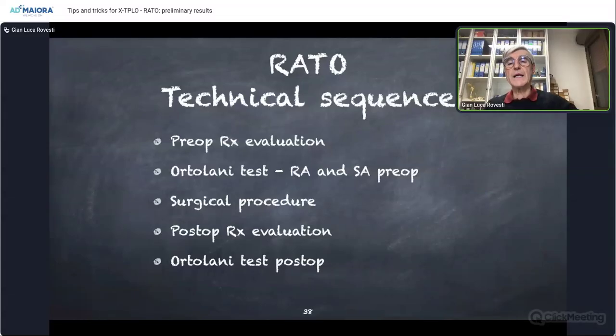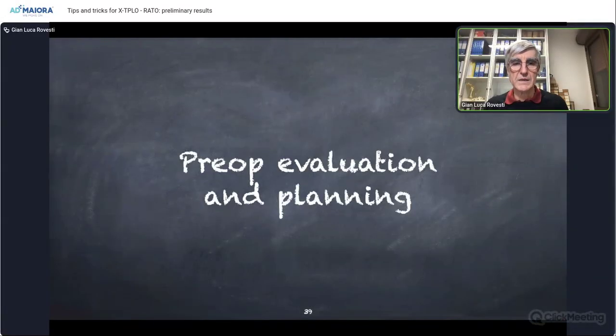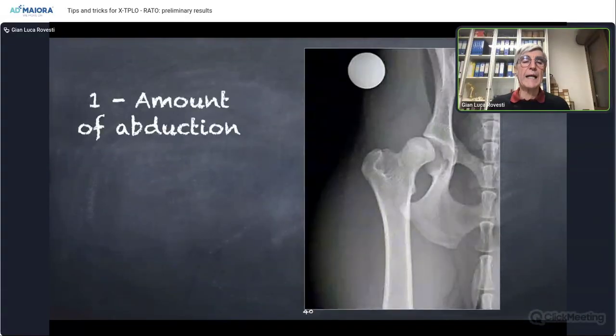So this is the technical sequence: pre-op X-ray evaluation, Ortolani test, surgical procedure, post-op X-ray evaluation, and Ortolani test post-op. For the pre-op evaluation and planning, we must decide how much we should abduct this trochanter.